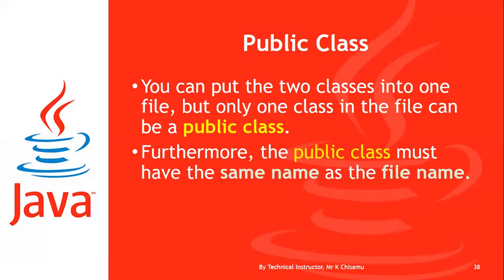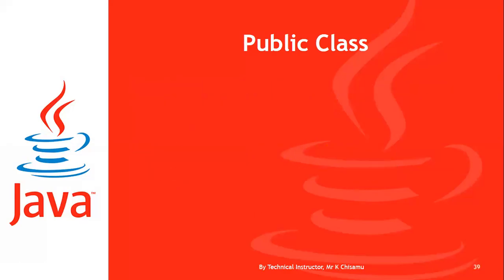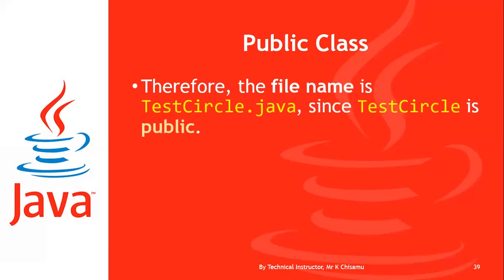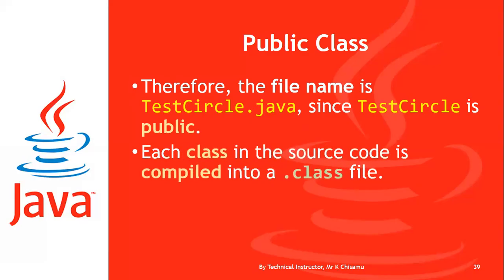That should be the file name, because when you run your program, it is that class that contains the main function that will be run. Therefore, the file name is testcircle.java, since testcircle is public and it contains the main function.